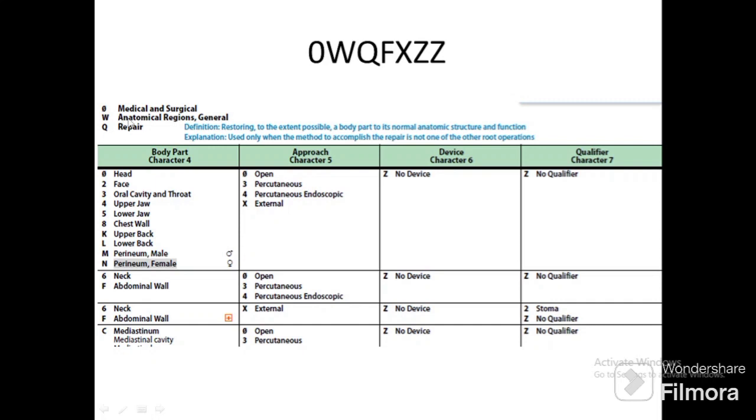See here, repair root operation, and the repair was done in the abdominal wall. See, abdominal wall, external approach, and no device, no qualifier. See, in here also there is abdominal wall, but there is no external approach here. So hence we should use this row: abdominal wall, external approach, no device, and no qualifier.